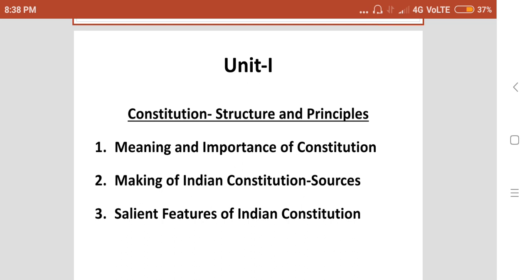Here we can see the three important topics: meaning and importance of the Constitution, making of the Indian Constitution. So, mainly we should cover here the sources of the Constitution. Third, salient features of Indian Constitution.